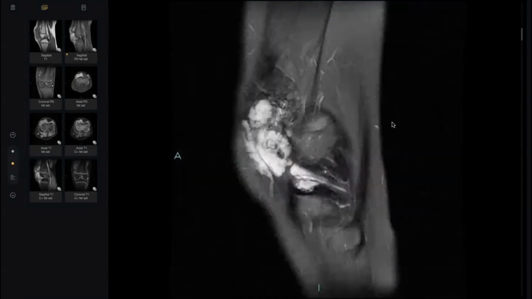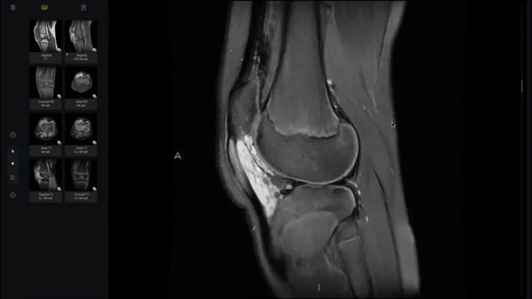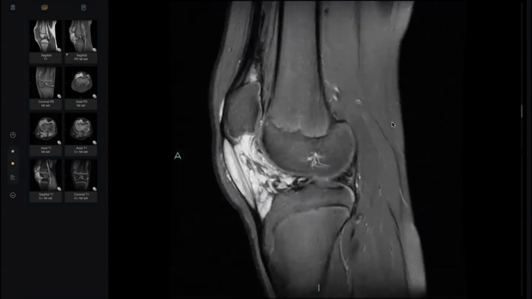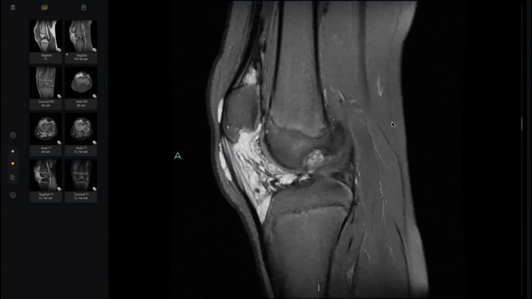I think this is a proton density fat suppressed sagittal image.